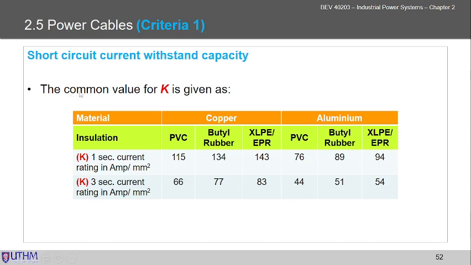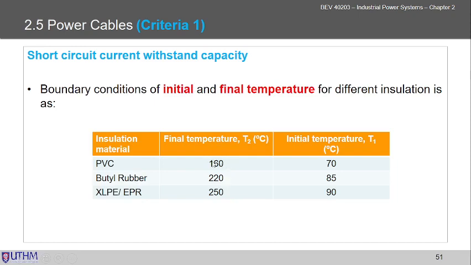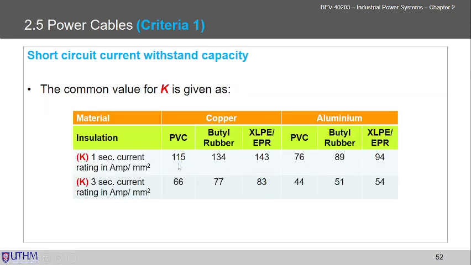For example, here is the common value for the K, for PVC. You can calculate using this formula: you put in the PVC 160 for T2, 70 for T1, then you can obtain 115 here. This is for copper, this is for aluminum.